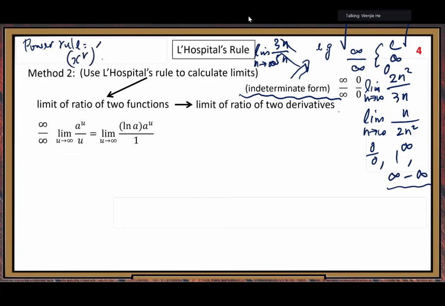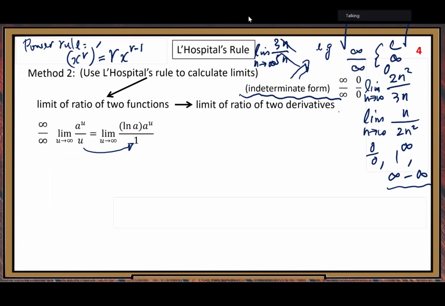Taking a derivative equals r times x to the r minus 1. This is called the power rule. By the power rule, the derivative of u equals 1. Then let us simplify this form, pretty simple.